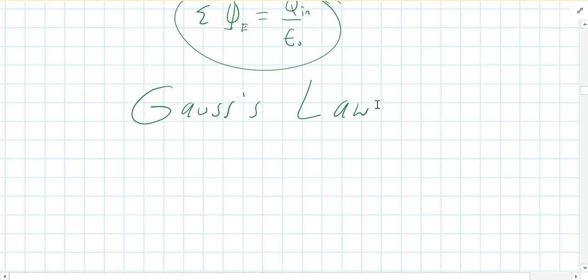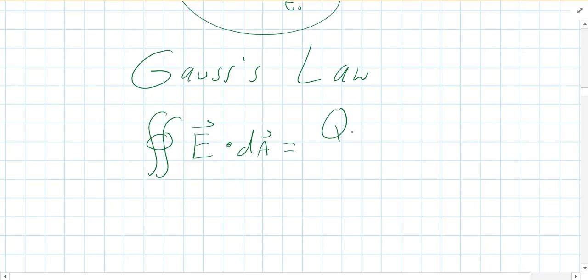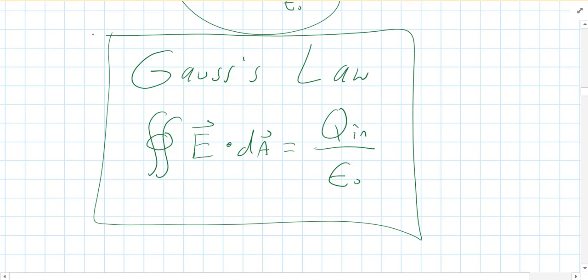Gauss figured out that if I do a closed surface integral, the double integral with the circle around it, of E dot dA, that equals Q inside that surface over epsilon naught. That is Gauss's law, and that is what we're going to be using throughout the rest of this chapter and the rest of the unit.